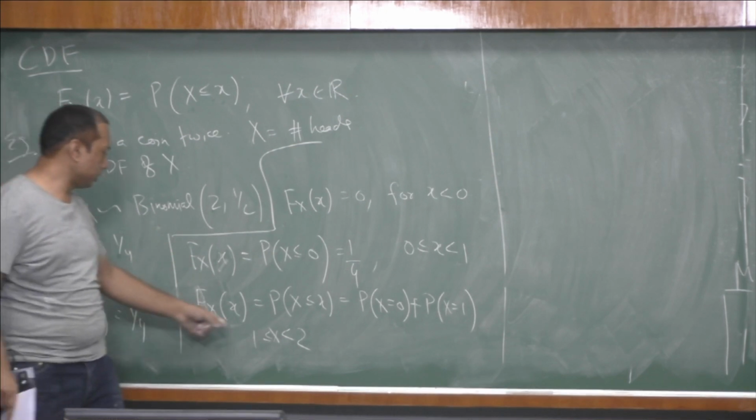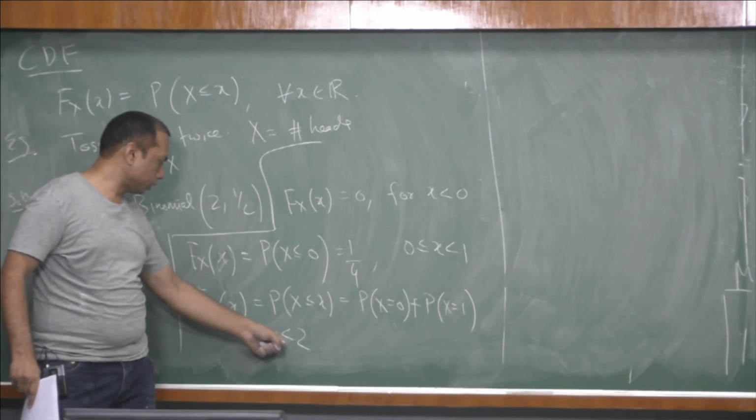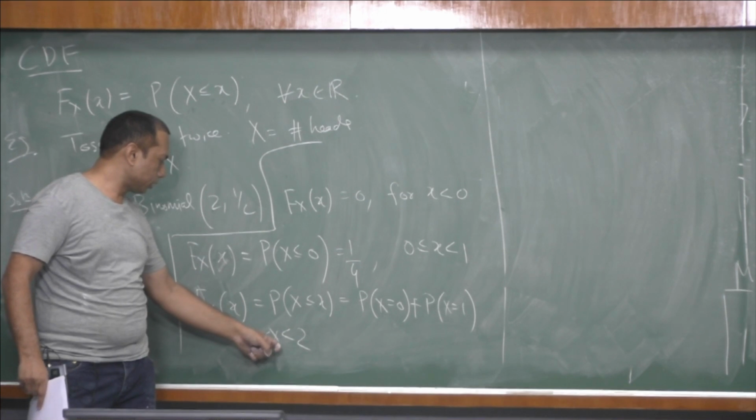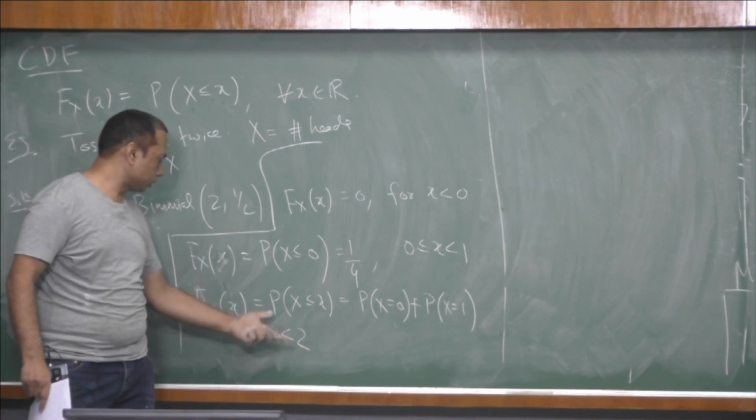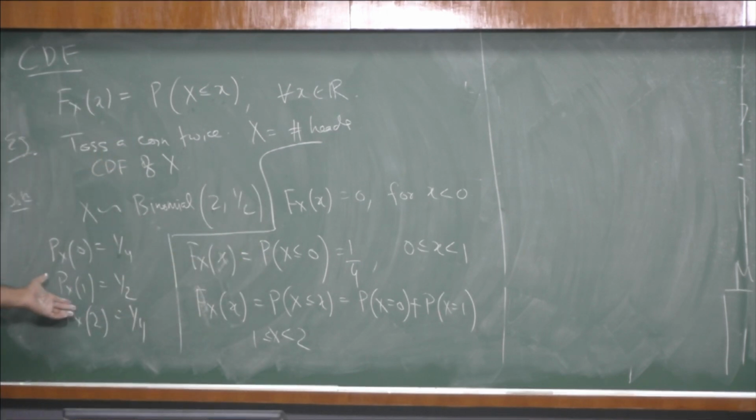You can ask why we are taking values between 1 and 2, because coin tosses can only give 0, 1, 2 as possibilities, but we want to define a CDF that's valid for all possible real values of x. That's why we are doing all this.